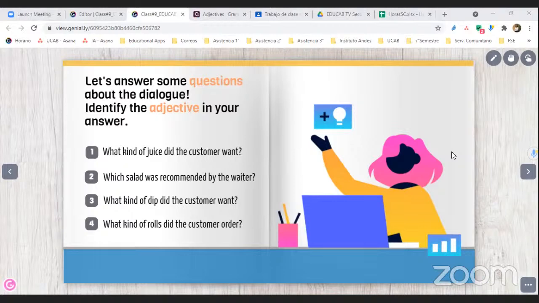So we're going to answer some questions and identify the adjective. You can answer the question in the chat, or with your microphone, however you want. And you have to tell me which is the adjective.